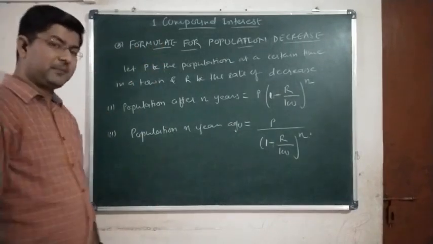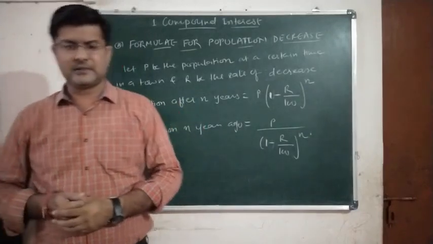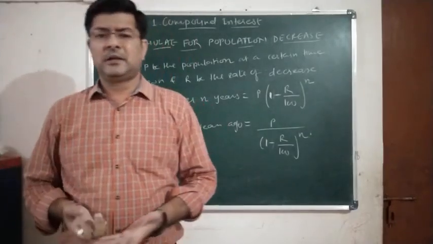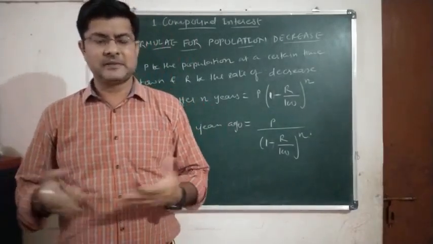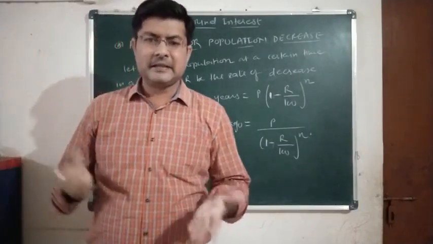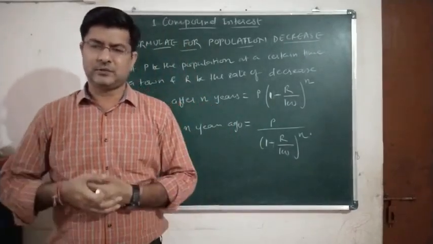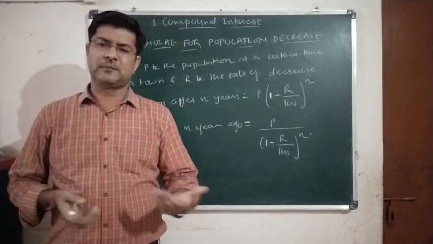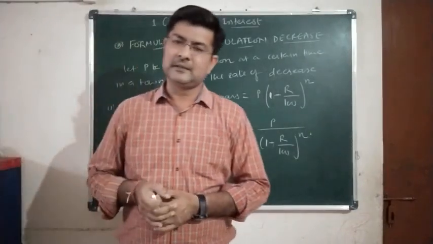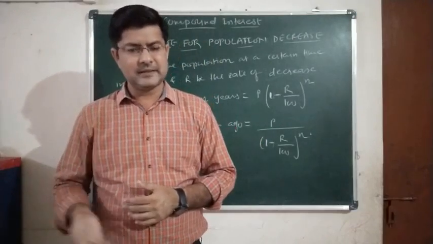Now let us check depreciation. So what is depreciation? We know that the value of any machine or any object decreases as time goes on. For example, take a car. Suppose you have purchased a car for 5 lakh. After 1 year you will see that there is a decrease in the price.